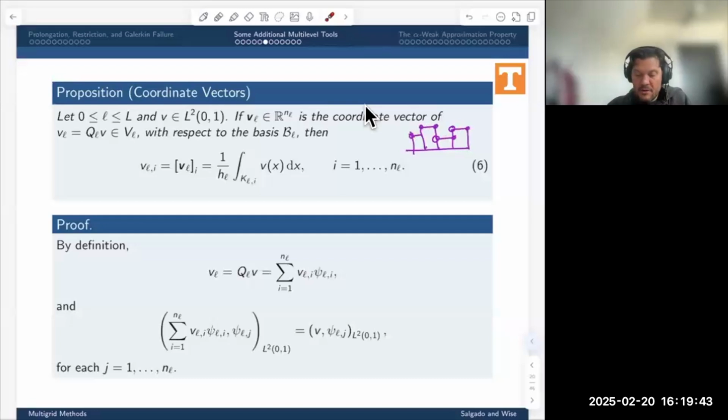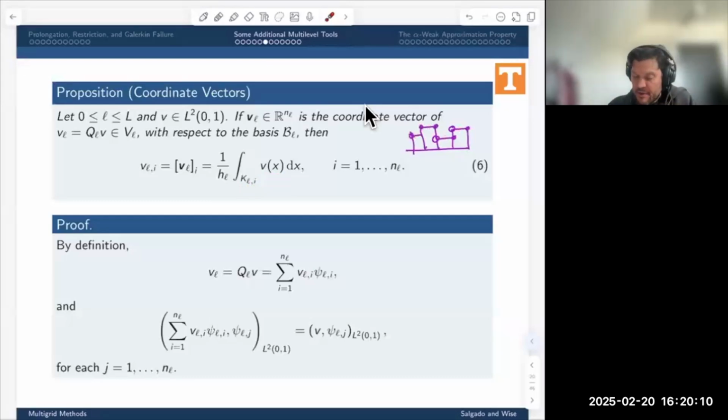That's according to our little proposition here, this is 1 over HL times the integral over the ith cell of that function V. So all this is saying, and you might have been able to guess this from the beginning, it's just the average of V. So VLI is just the average of V over the ith cell.